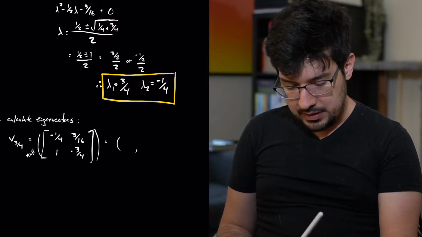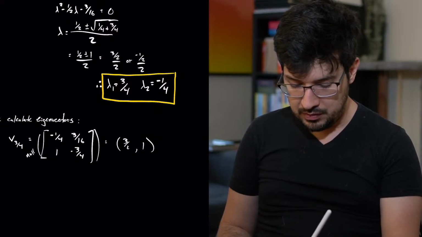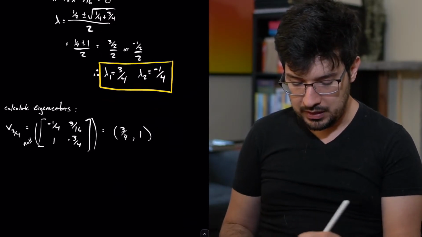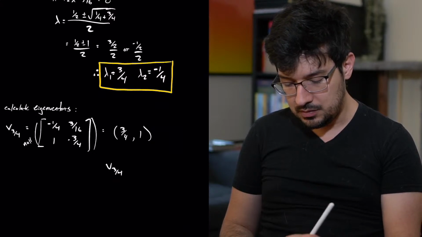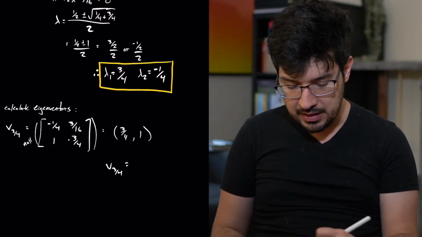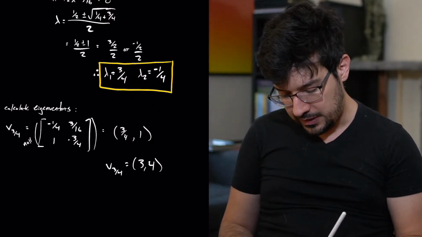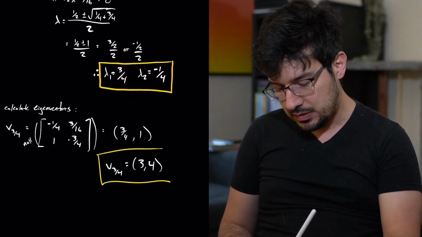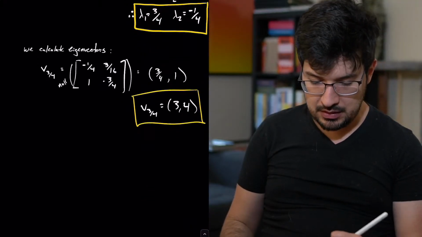Okay, so if y is 1, then x is 3/4, and we can scale that to have integer solutions.